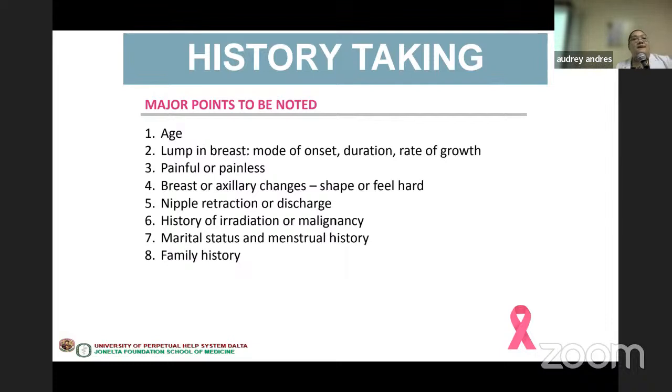All of those risk factors will come into play.